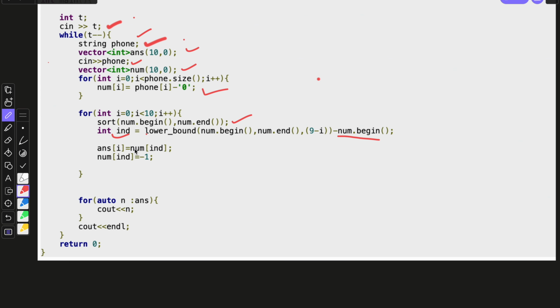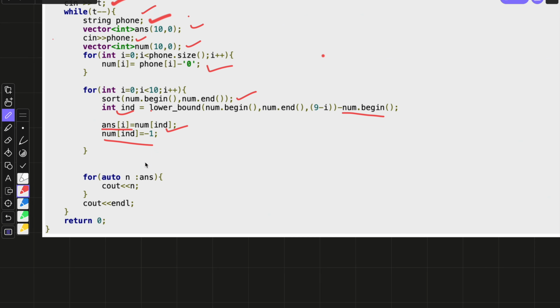Then we store the answer at i as num of index, and to mark it as visited we store -1 in its place. Then we output the answer.